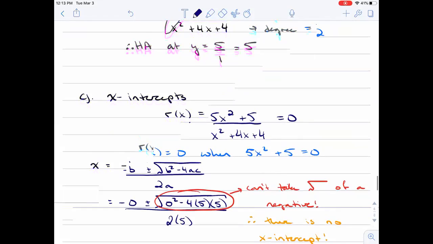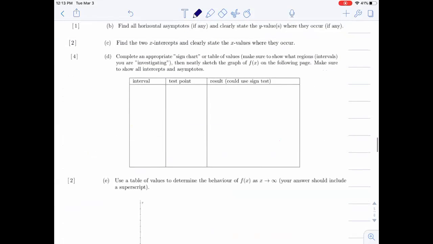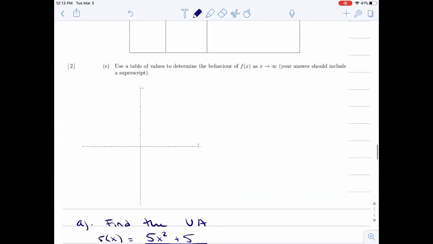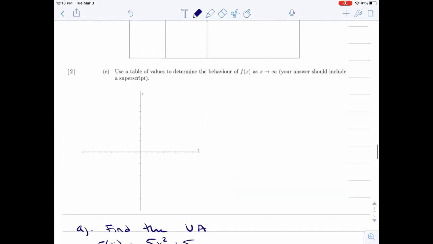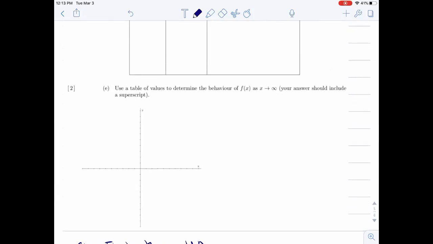Okay, so now part E says use a table of values to determine the behavior of f of x as x goes to infinity. So now your answer should include a superscript. I don't know what that means. Jenna, we talked about it.